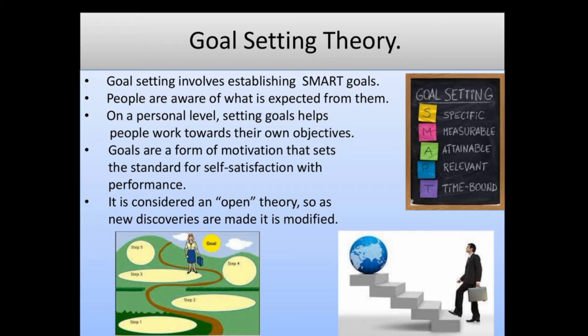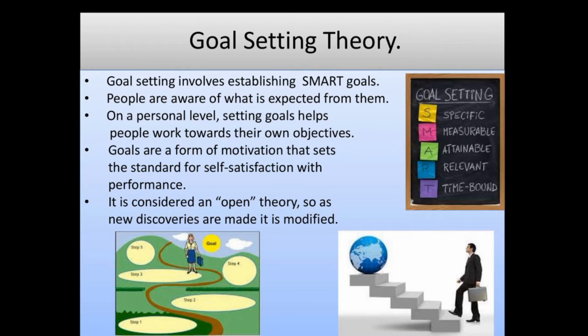So, people are aware of what is expected from them. What companies are expecting from their employees, everybody in the organization will know. On a personal level, setting a goal helps people work towards their own objectives.